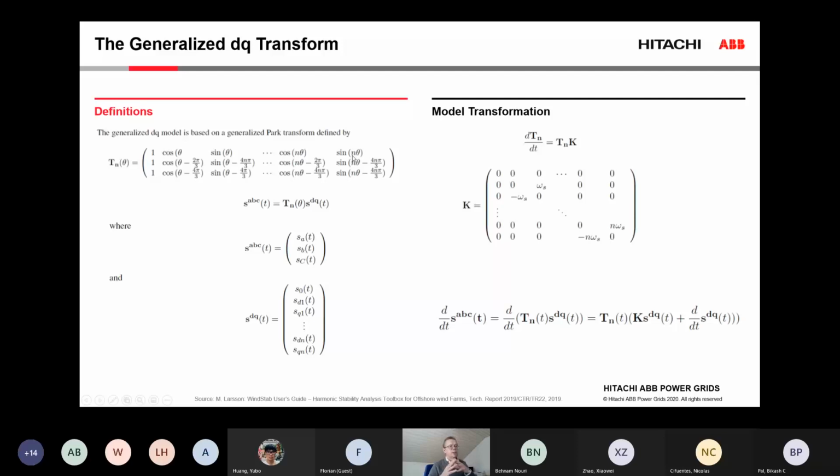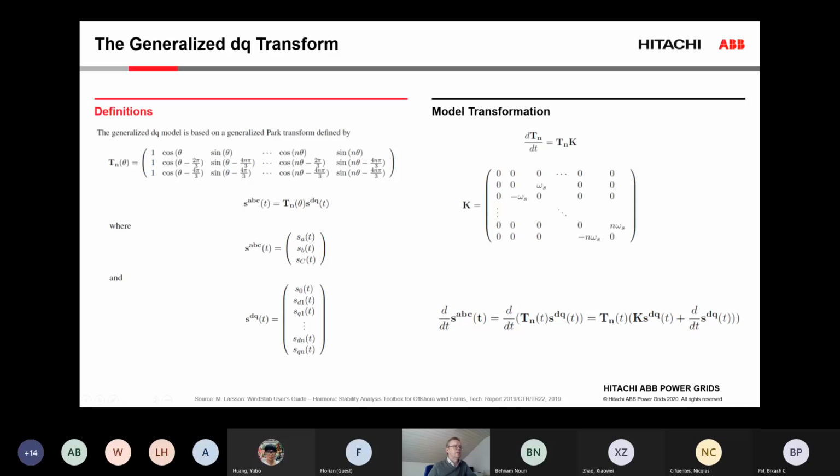So we no longer get only one DQ frame, but as many DQ frames as we need to represent the behavior. And the model transformations that we were talking about for the normal DQ case, you can use them also for the generalized DQ case.